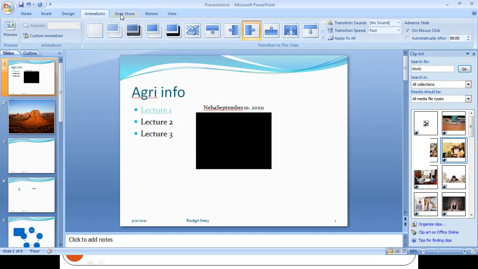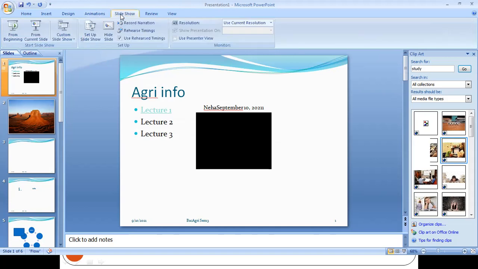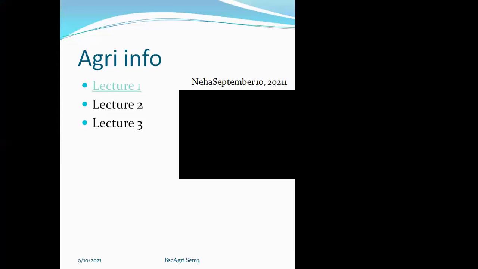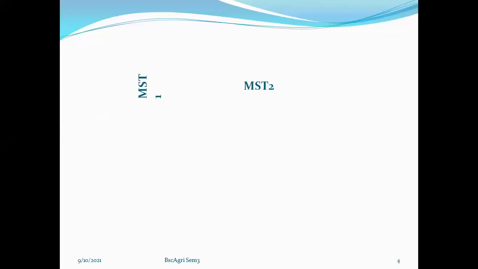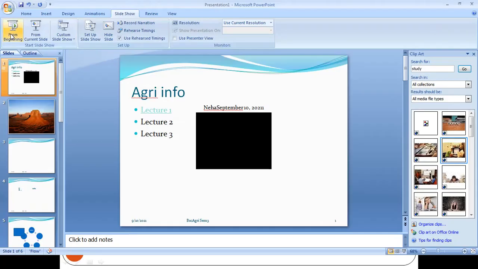After a few seconds, your transition will go on. Then comes the slideshow. Here in the slideshow, I have the options from beginning, from current slide, and custom slideshow. If I select from beginning, then my presentation will start from the beginning.